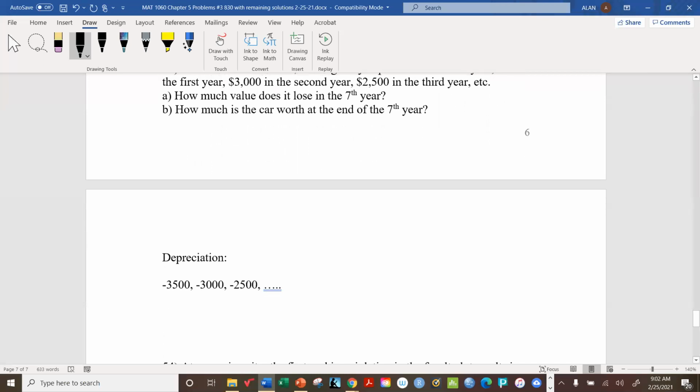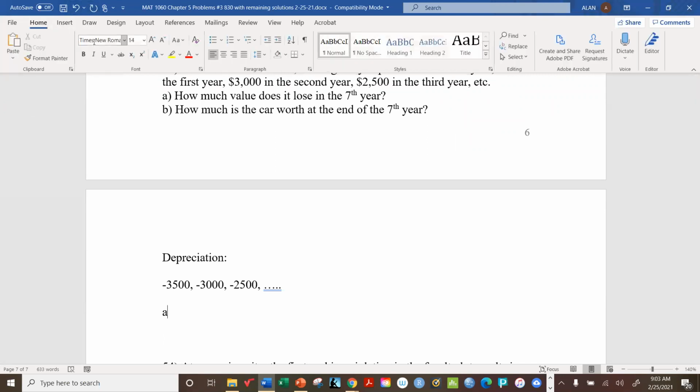In fact, it looks just like an arithmetic sequence where A1 is negative 3,500. And in this case, the difference is positive 500, because if you take the negative 3,500 plus 500 equals minus 3,000.